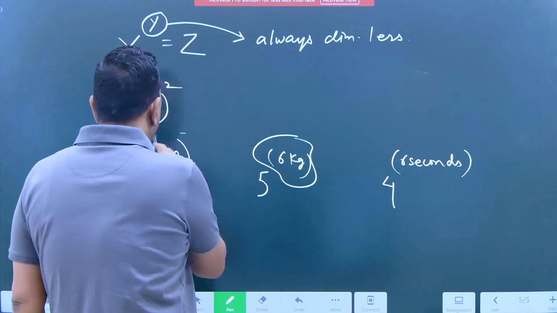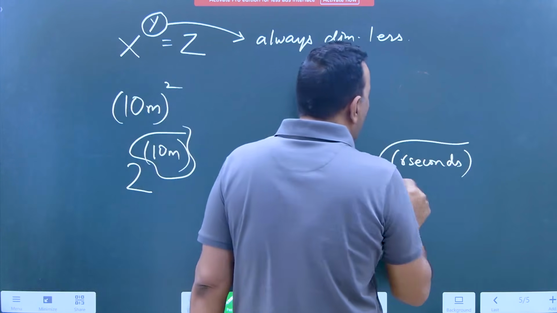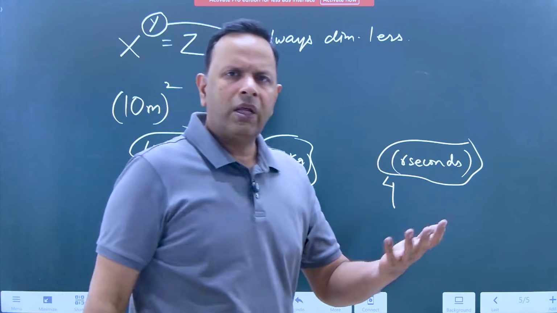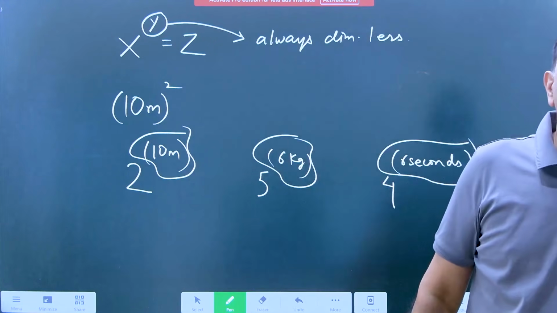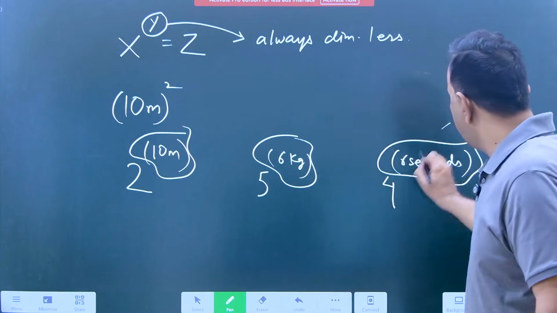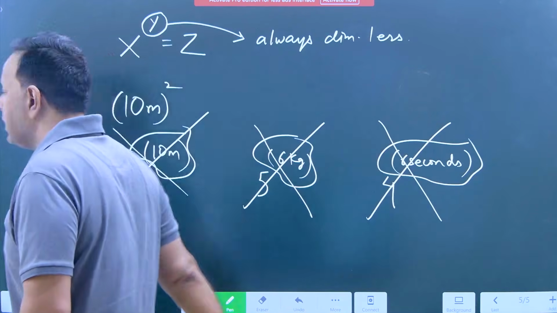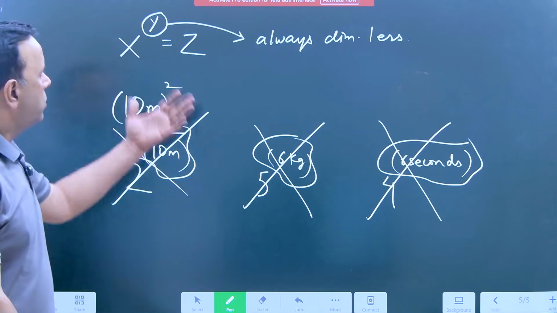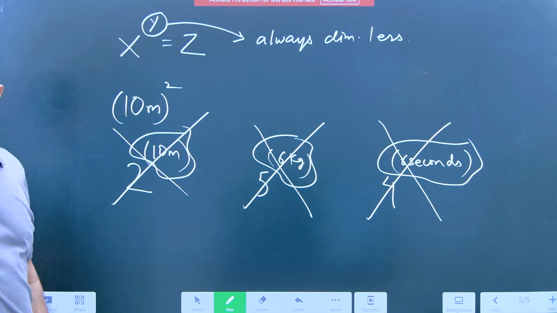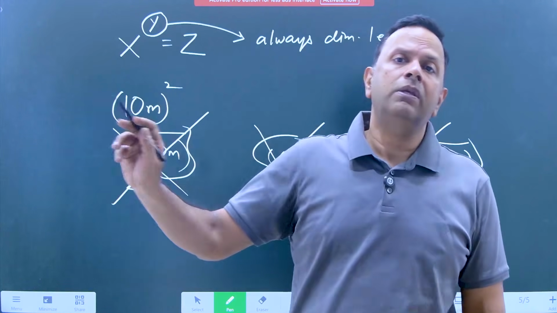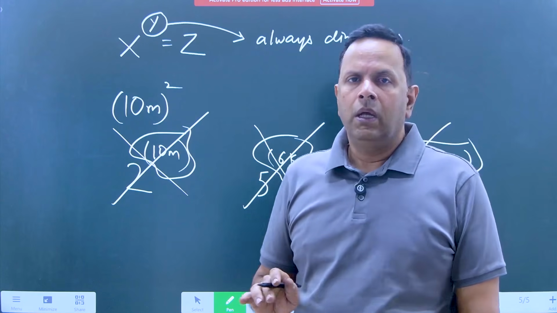Did a unit appear in any of the powers which we have seen so far? Remember, in whatever expressions and equations you have read so far, this thing would never have happened. The exponents can never have a unit. So yes, I can only say about y. Y has to be dimensionless if this equation is correct.